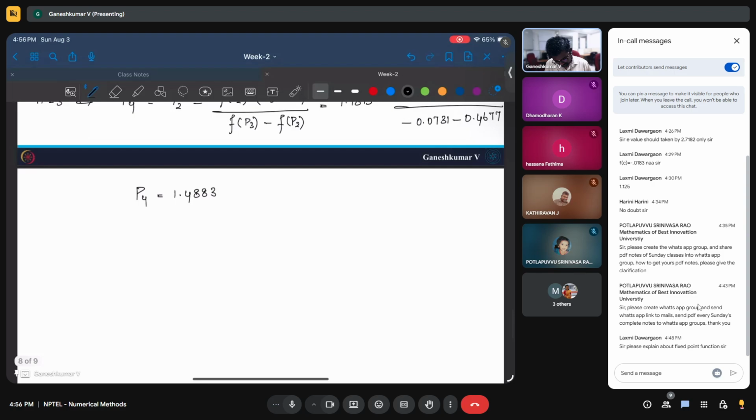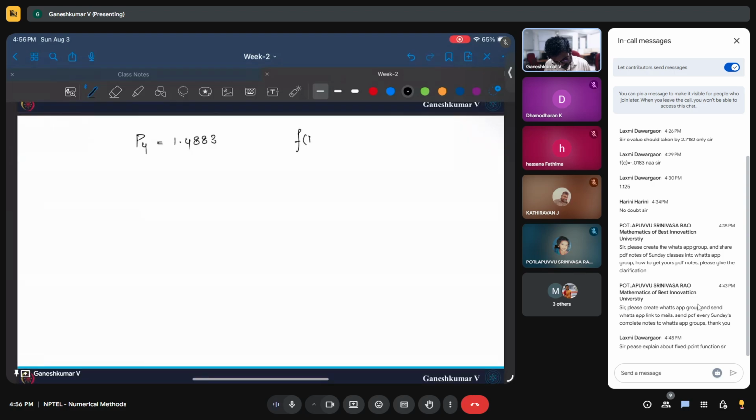Okay, so this gives p4 to be somewhere around 1.4883, and f of p4 is e power 1.4883 minus 2 times 1.4883 whole square. So now you calculate this, you will be surprised to see the function is minus 0.0005.